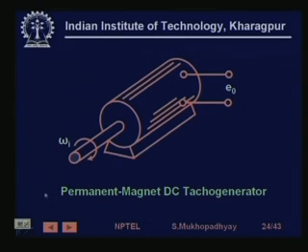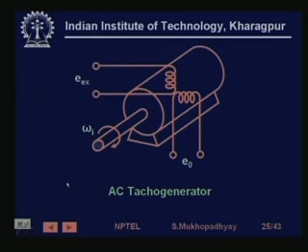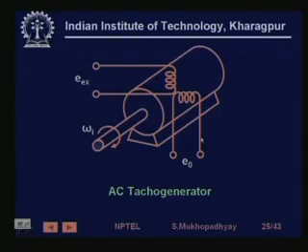You can also similarly use, rather than DC tacho generators, which as DC machines sometimes have some problems, an AC tacho generator, where you supply an excitation, and if you rotate the armature, then you will get some AC voltage out of it. So it's basically an AC generator, right.